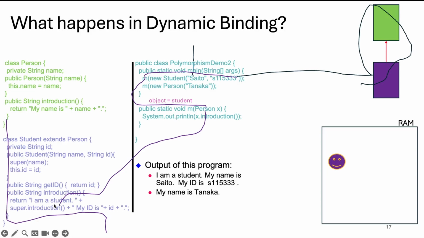But while printing, I am a student, we are using the super function and asking the compiler to visit the parent. So after reading that line, the compiler goes to the superclass introduction, returns my name is Saito, and then prints the ID. So from the child class, if you want to call the function of the parent, you simply say super.introduction.